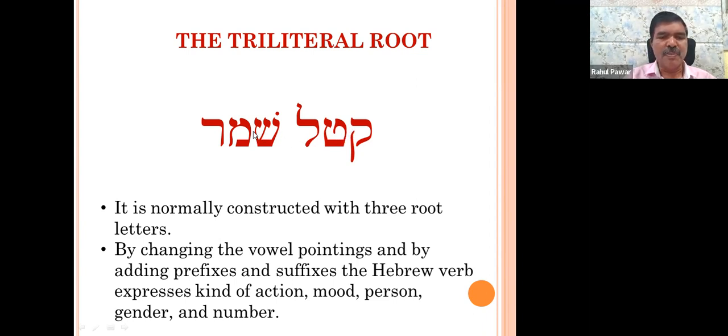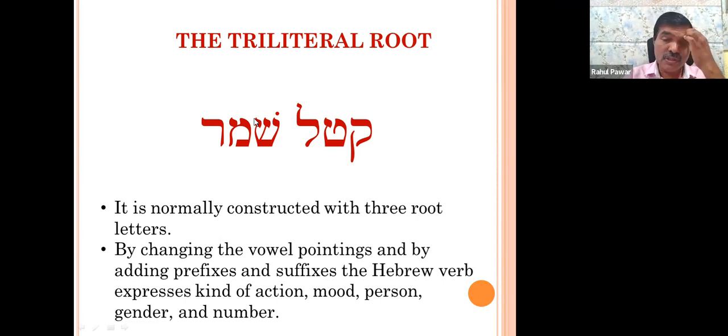Then shamar. Shamar is he kept. Shomer is the active participle, that is keeping. And if we see shimmer, that is he kept.